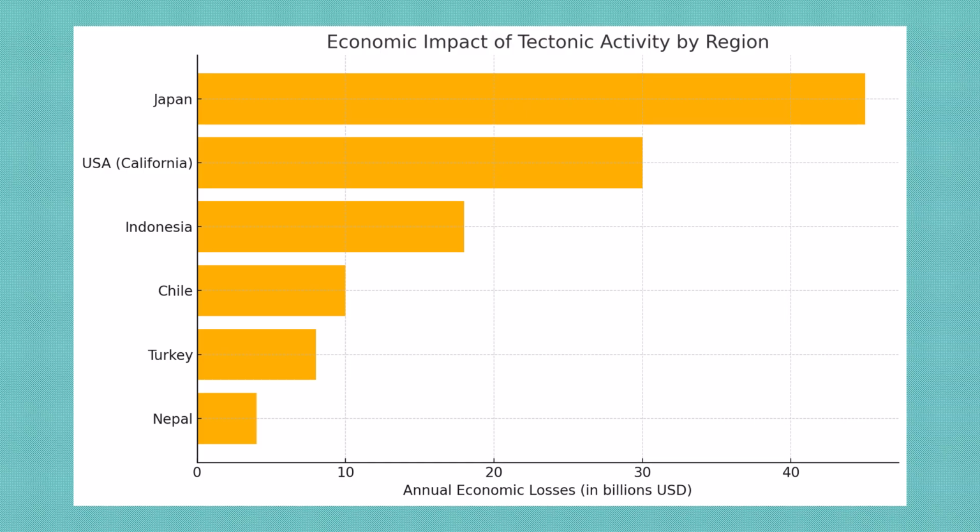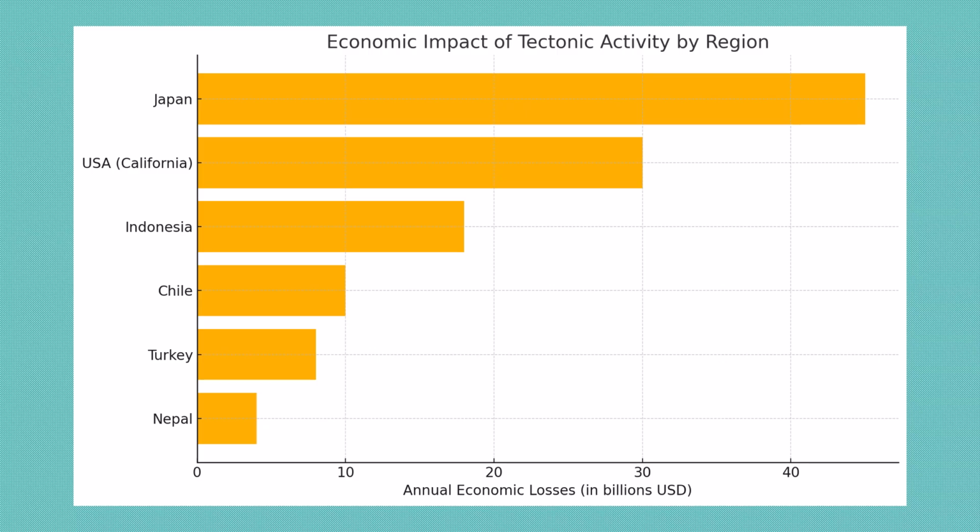While tectonics is a topic rooted in geology, its effects stretch far into the realm of human geography. Plate boundaries don't just create mountains and earthquakes, they help determine where people settle, how cities are built, and how nations respond to risk. Many tectonically active regions, such as coastal Japan, are economic powerhouses and major population centers.